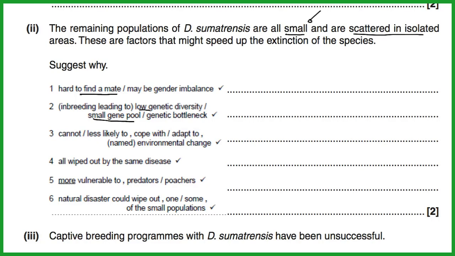As a result of having a small gene pool, it's less likely to cope with environmental change. They could all be wiped out by the same disease. Because they're small, isolated populations, they're more vulnerable to poachers or predators. And a natural disaster, such as a volcano or a flood, could wipe out one of those small populations.